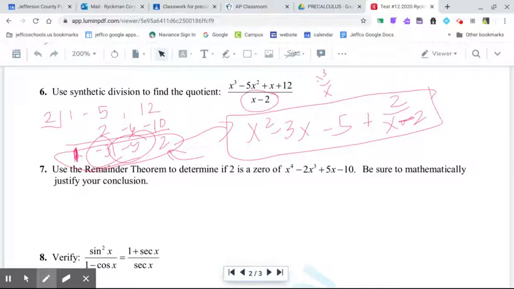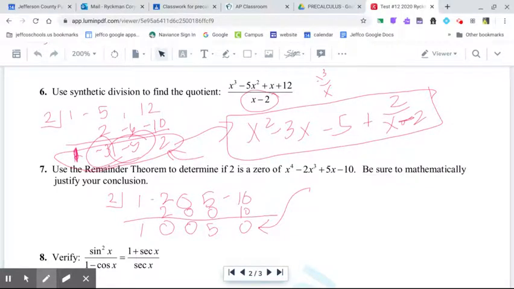Use the remainder theorem to determine if 2 is a 0. Some of you, I wasn't crazy about how you worded your conclusion, so let's talk about what that should look like. If I divide 2 into 1, negative 2, 0x squared, 5x, and negative 10, then bring down, multiply, add, multiply, add, multiply, add, multiply, add.